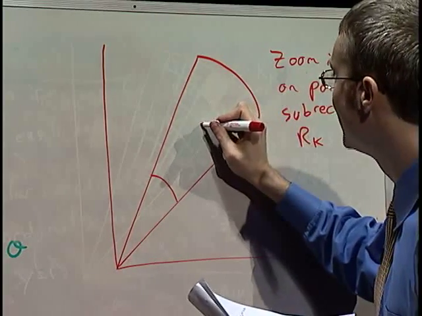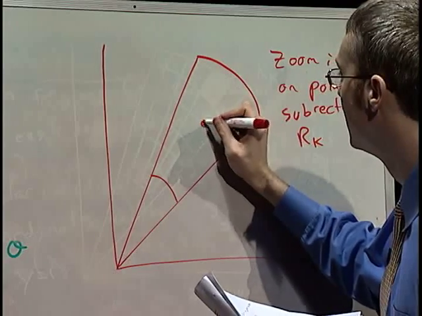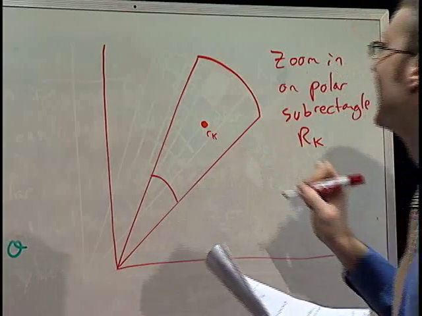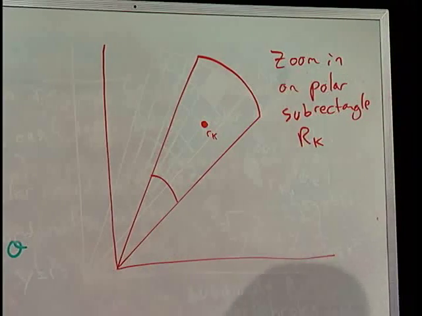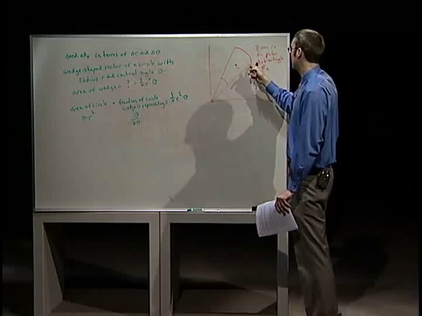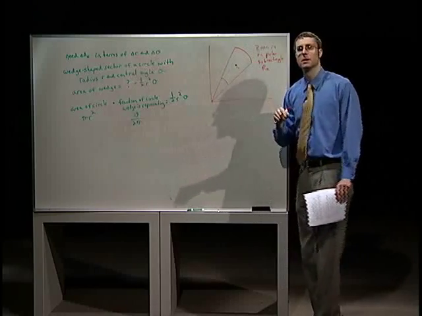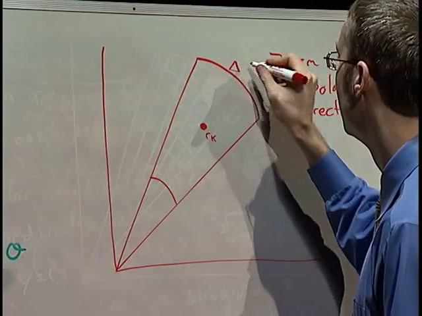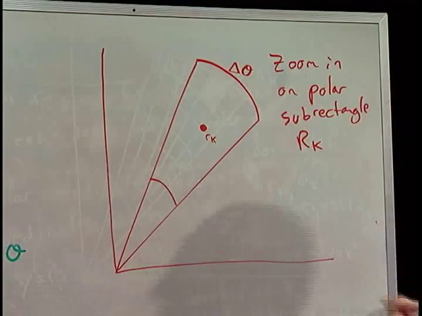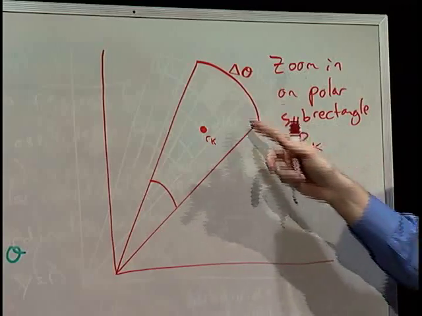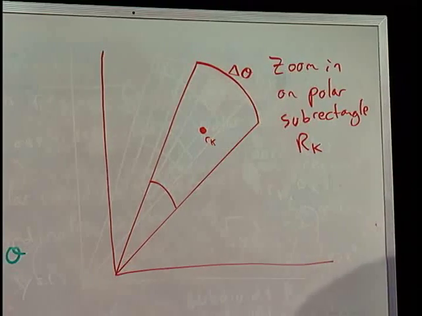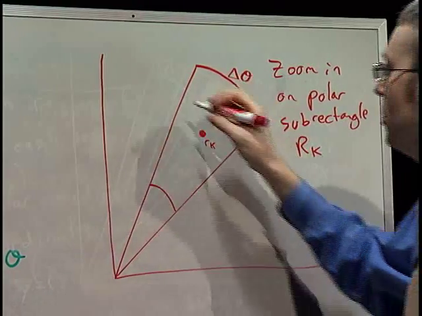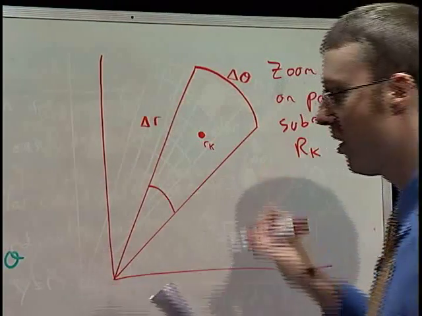All right, so here's a single polar subrectangle. And in fact, let me put the center of it right there. So that's little r sub k, the center of it. This thing is going from one angle to another, so there's an angle over here and an angle over here. So this top piece is delta theta, the change in the angular measure. And we're going from one radius to another, so that's the change in the r measure.